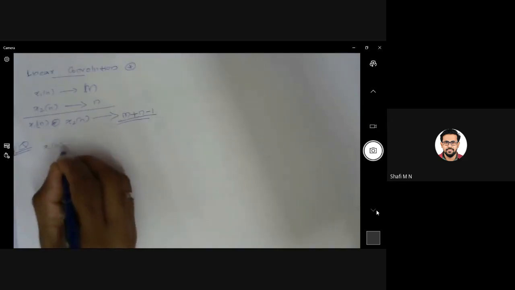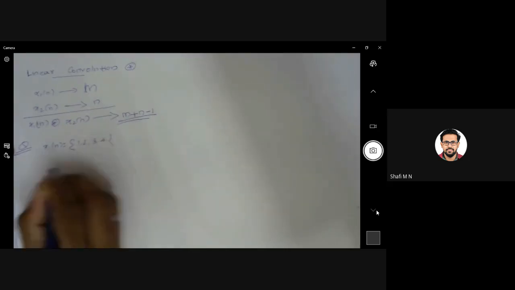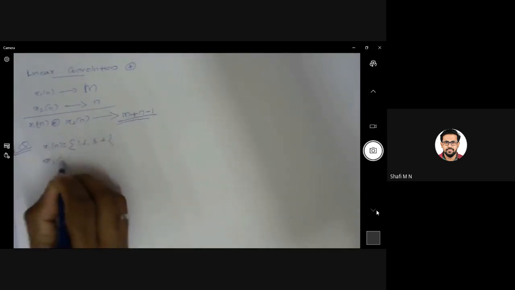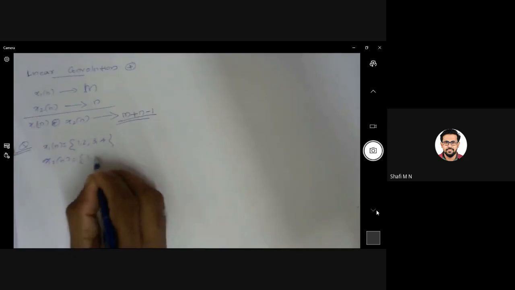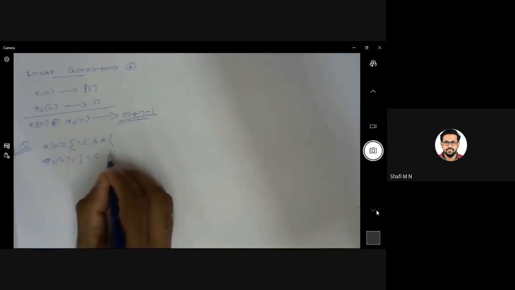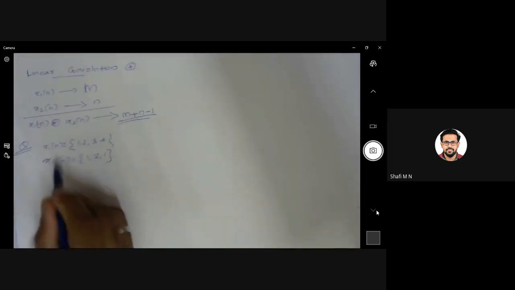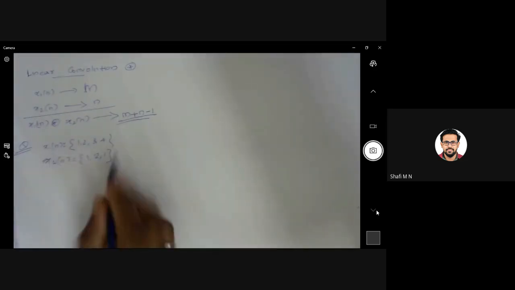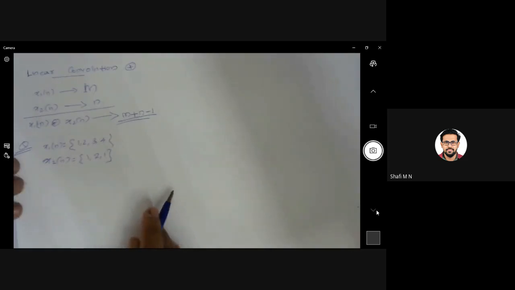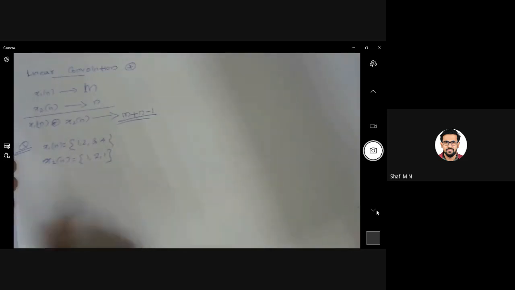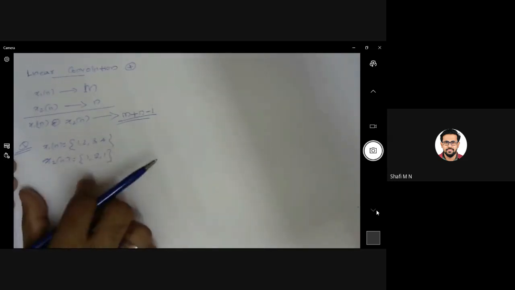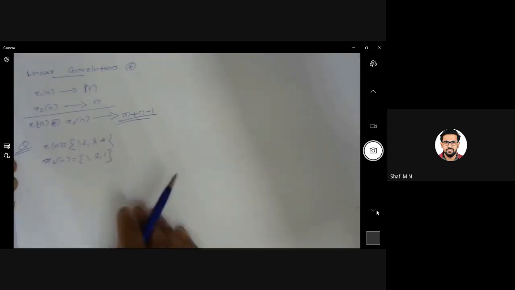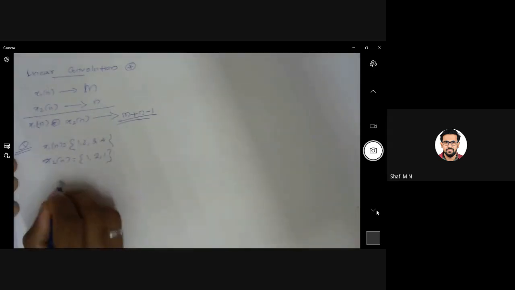I will give you an example. Consider the sequence x1 equal to 1, 2, 3, 4, and x2 of n equal to, say, 1, 2, 1. You find the linear convolution between these two. I think the simplest method is this.